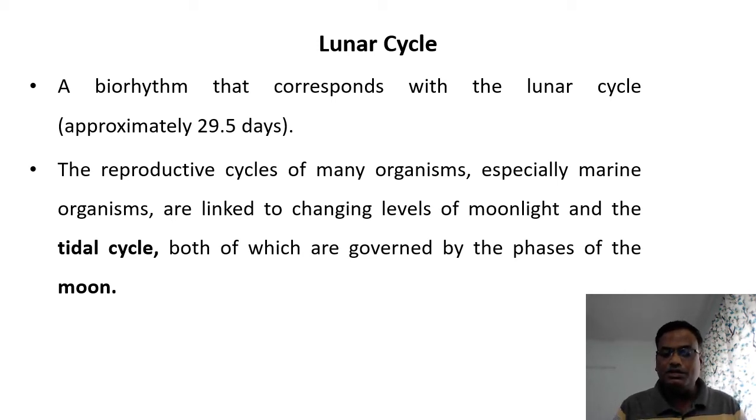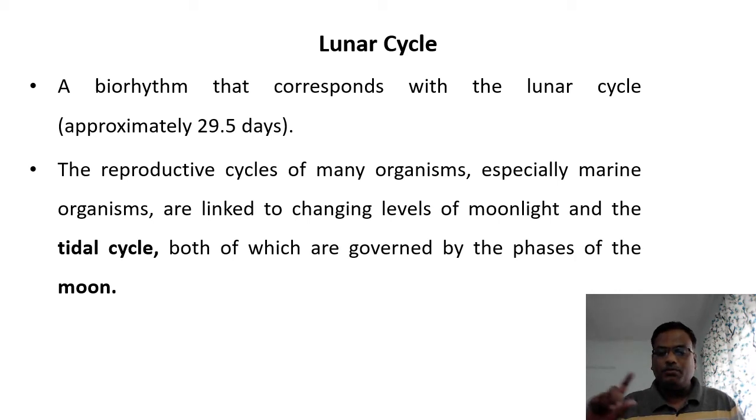Now, what is the relationship between the marine environment and the moon? You know, the phase of the moon is going to control the tides. You will witness high tides in the full moon, and you will witness very low tides in the new moon.